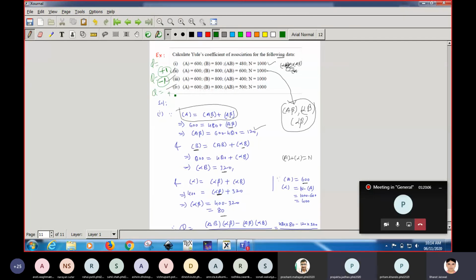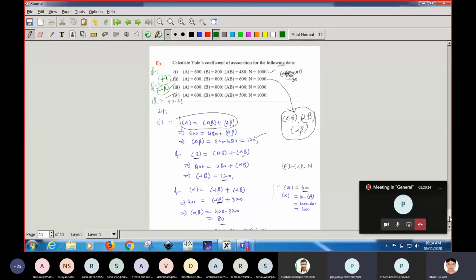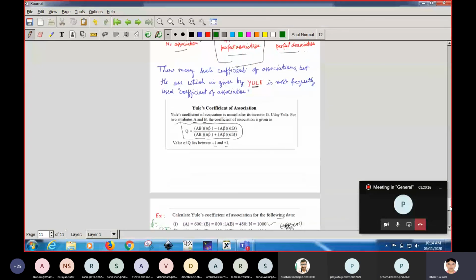Plus 0.25. It means it is positively correlated but not perfect. Not perfect. Now what should we call this?